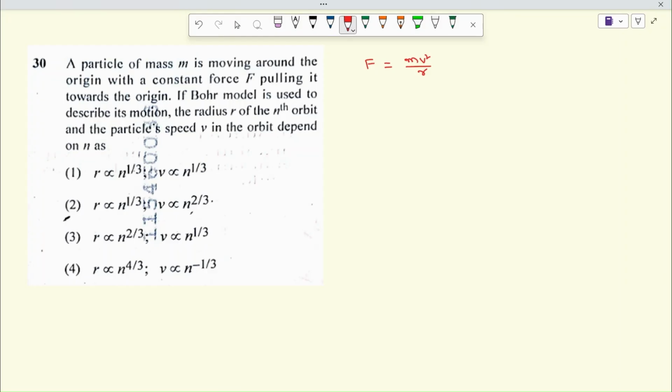Bohr's model is applied, so use the angular momentum: mvr is equal to nh by 2 pi according to Bohr. Now what can we write? From this equation, v is equal to nh by 2 pi rm. Now force can be written as mv square by r, right? So m by r into v square is n square h square by 4 pi square r square m square.